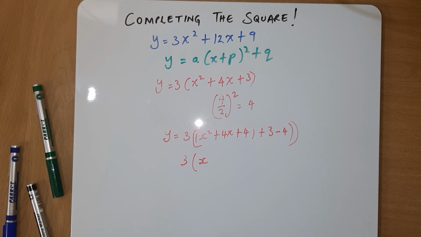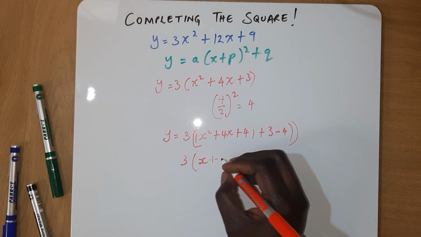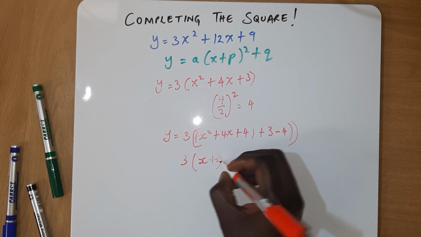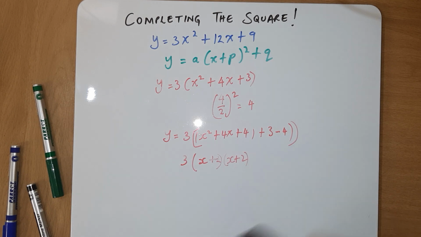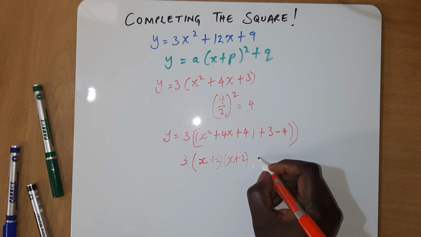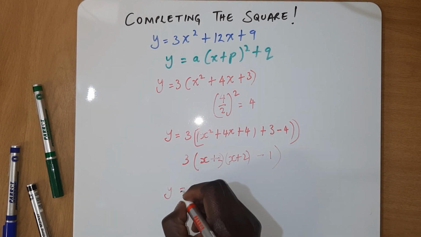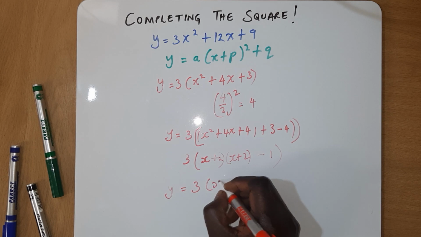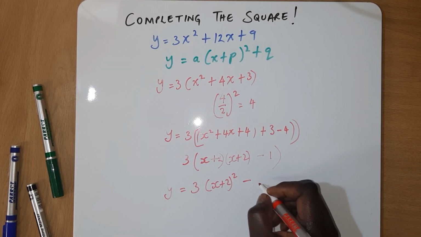It's only 2 and 2. So that would mean x plus 2 and x plus 2. And then our 3 minus 4 gives us minus 1. So that is our y equals 3 times x plus 2 squared minus 1.